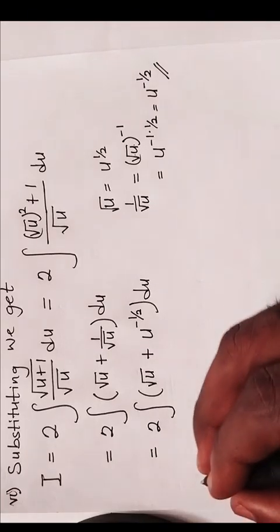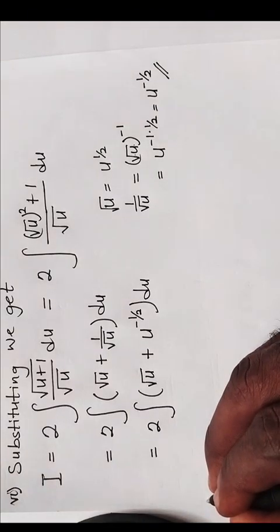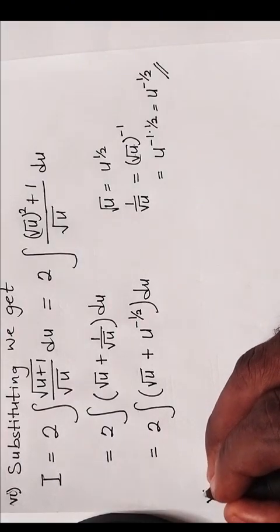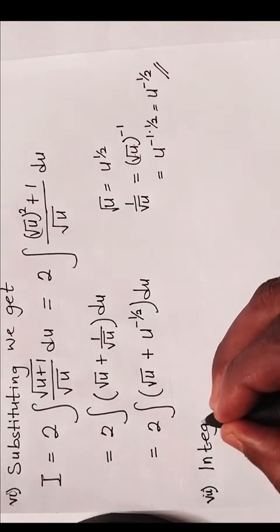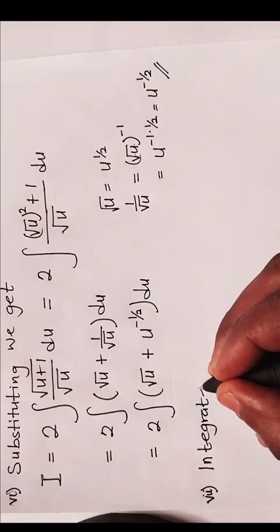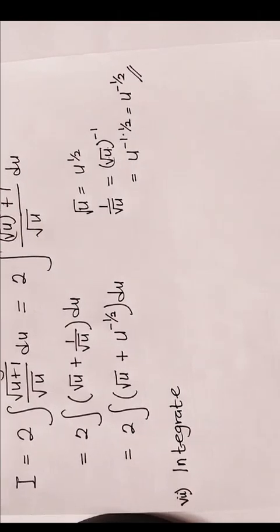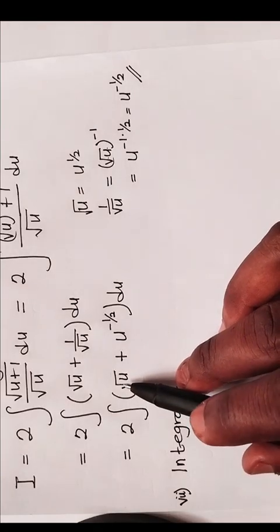Now the next thing for us to do is to go to our seventh item, which is to integrate. We can now integrate after writing this out properly. If we integrate what we have, we know our value for u.